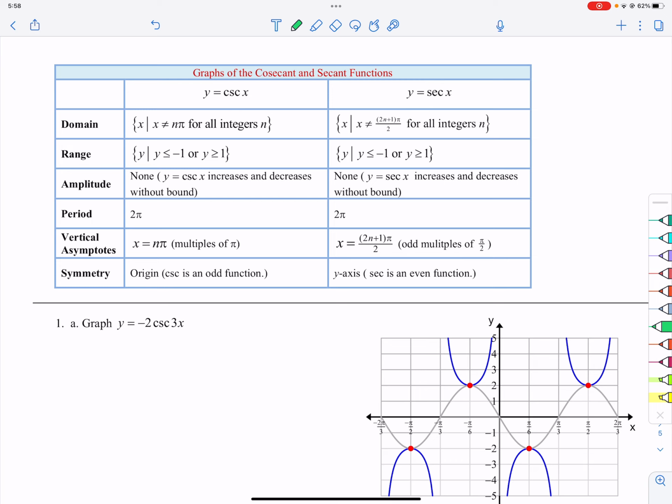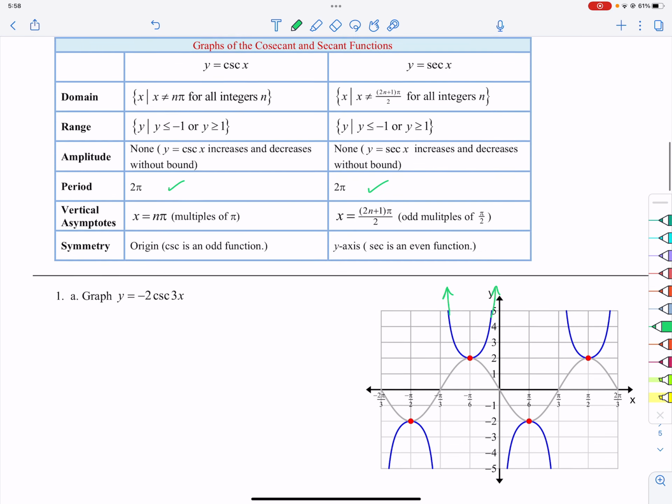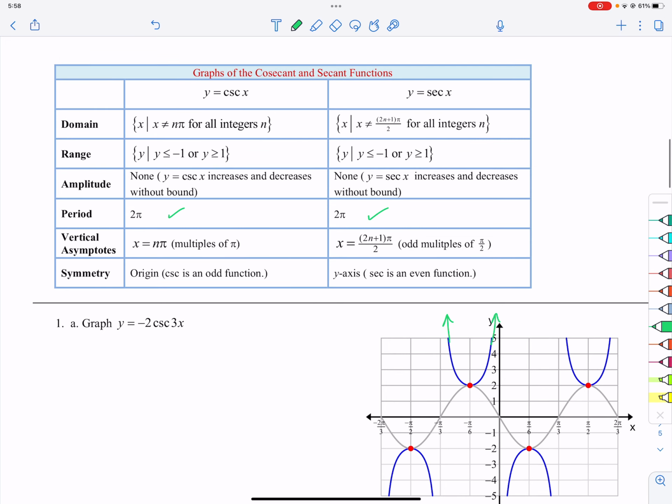Okay? The graphs, let's just look at a quick summary. There is a period of 2 pi for both of these. There is no amplitude. As you can see, these graphs grow without bound. The sine function is an odd function, so the cosecant is an odd function, and the cosine is an even function, so the secant is also an even function.